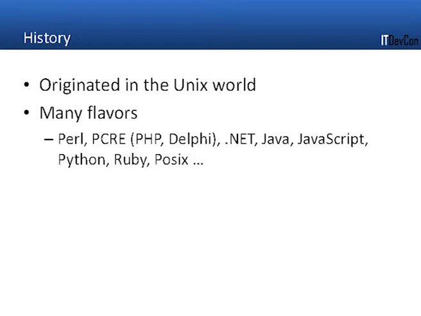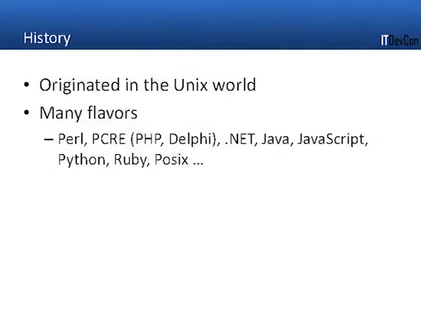Everything started in the Unix world with old command line editors like ed, where they introduced a syntax for searching in text with stars and question marks and so on that got more and more powerful.